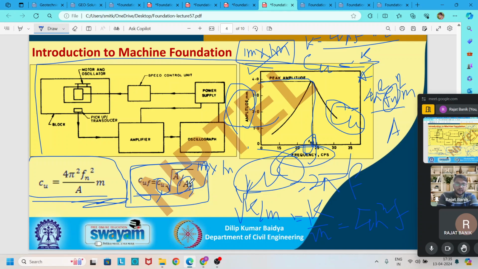Af is the real field foundation size, which sometimes is 5 meter by 5 meter or 10 meter by 10 meter. So if we put all these values, we get the original coefficient of compression index for the real foundation.